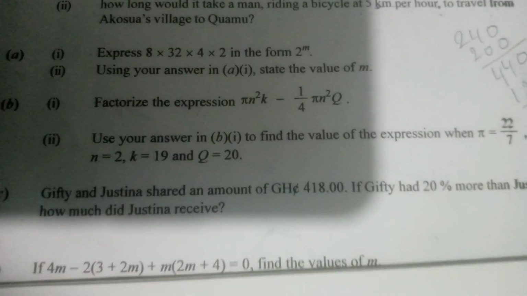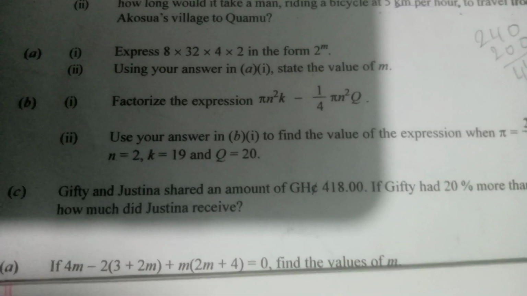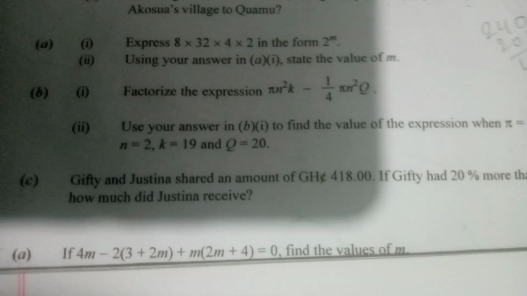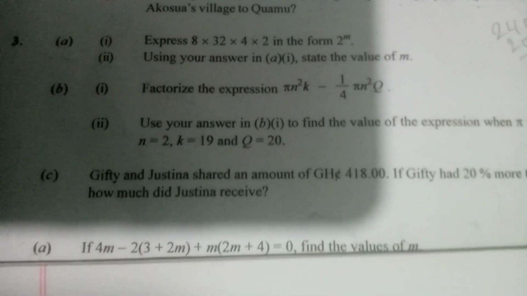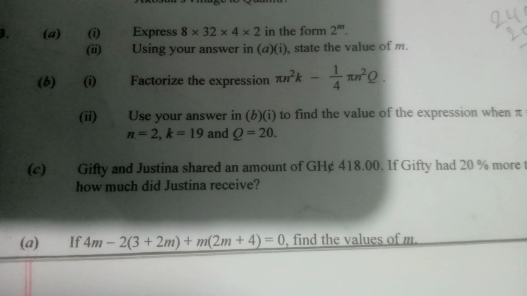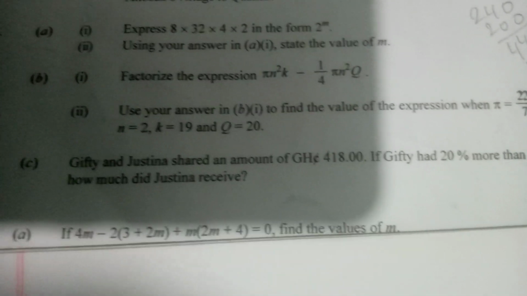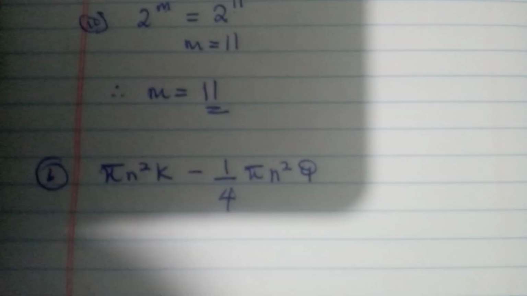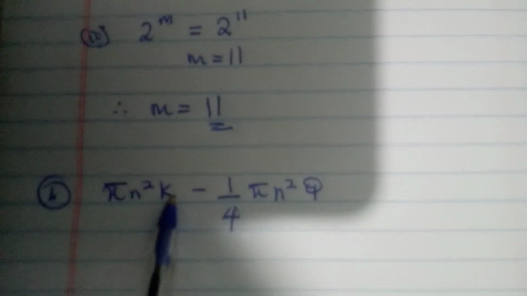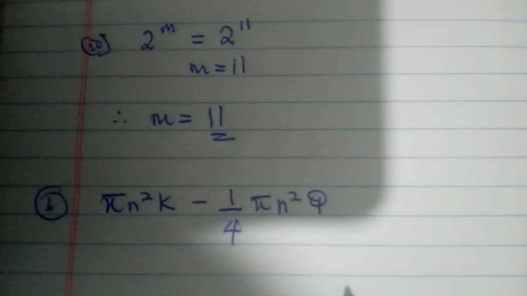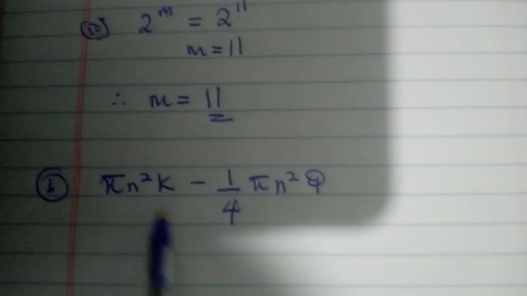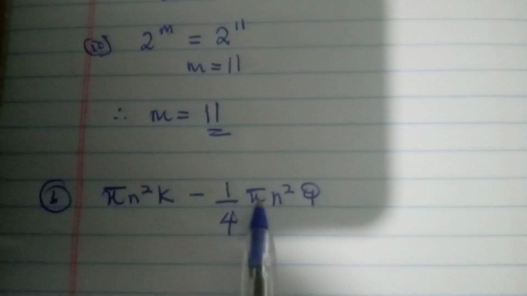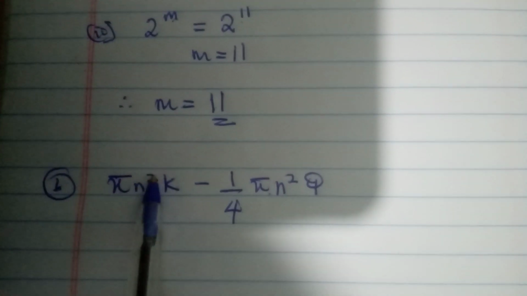Part B says factorize the expression. Look at the expression carefully. You have pi n squared k minus 1 over 4 pi n squared q, and you have to factorize this expression. Factorization simply means bringing out the common terms. We look at this term and this term, then factor out the common ones. First of all, we can see there is pi, there is pi, there is n squared, there is n squared.